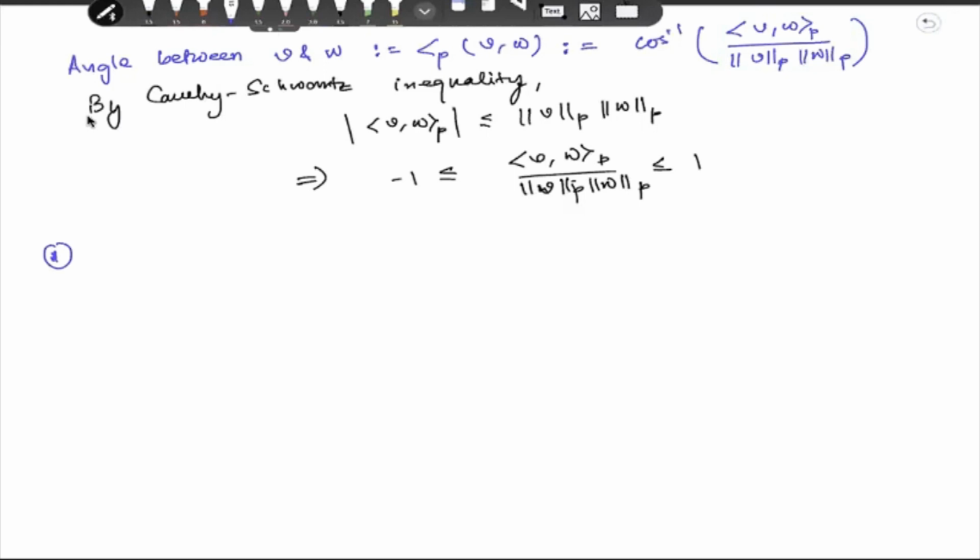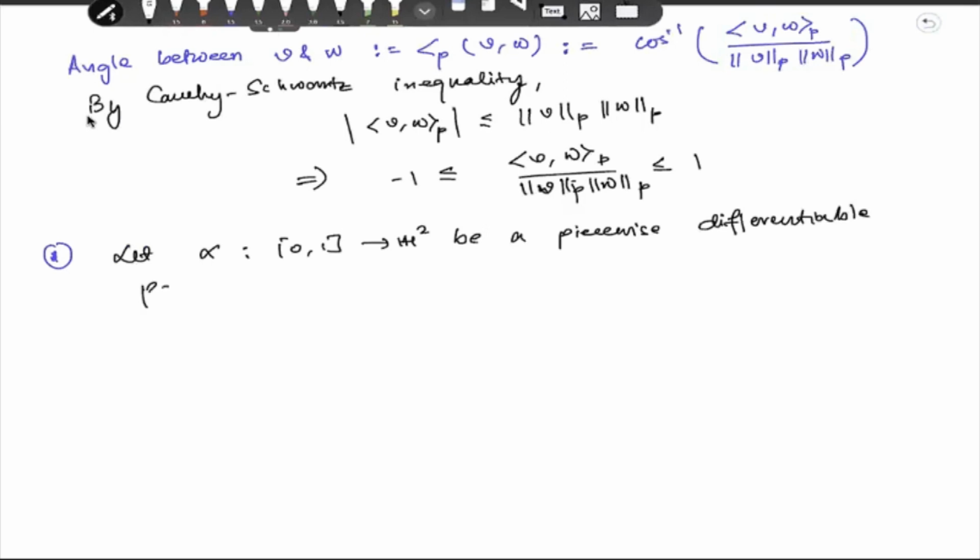Let alpha be a piecewise differentiable path, and let alpha t be equal to x t plus i y t.